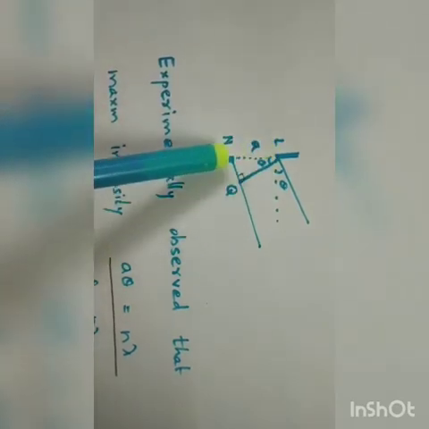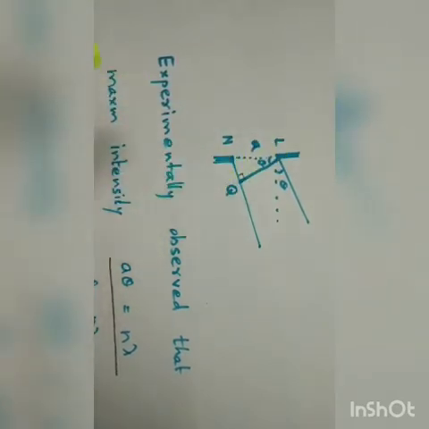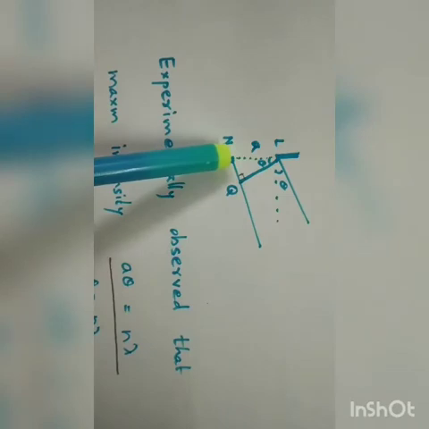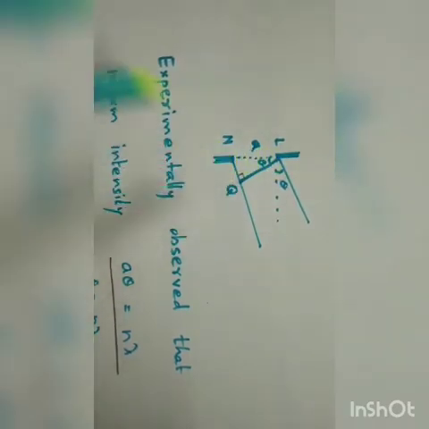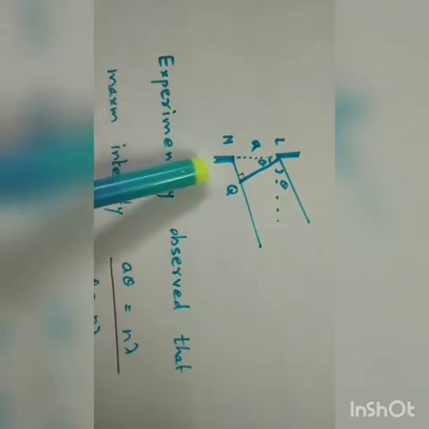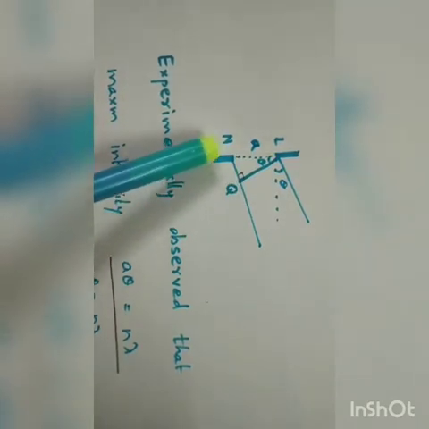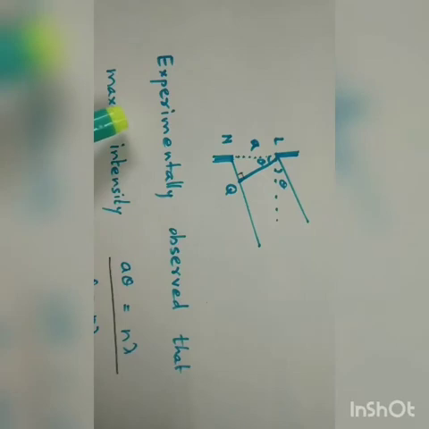What is this? This is the width of the slit, LN. LN value is a, small letter a. So this side is a, this angle is theta, this is 90 degree, this side is the hypotenuse. So from this triangle LNQ, what is the value of sin theta? Sin theta is opposite side by hypotenuse.